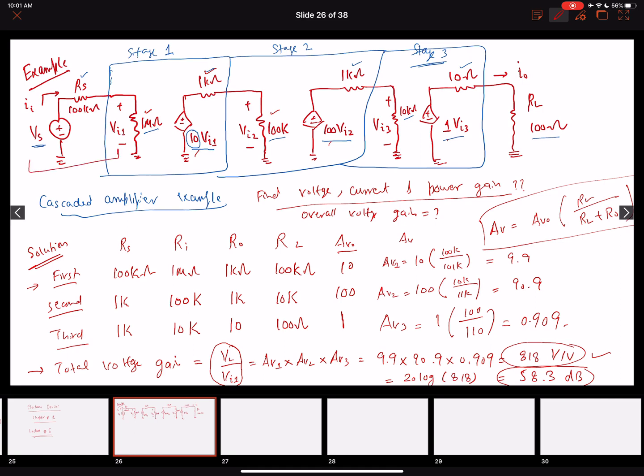If you apply the voltage divider rule here, VI1 equals VS multiplied by 1 mega over 1 mega plus 100K.